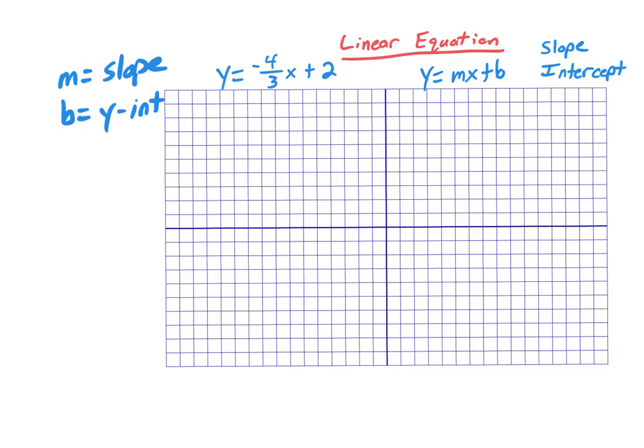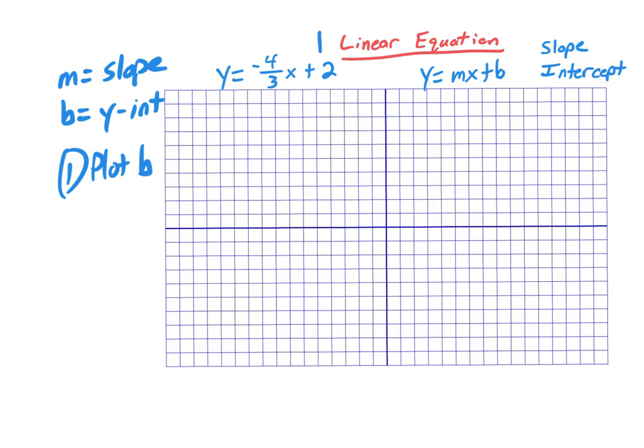And we want to graph it in a specific order, okay? So when we start here, we're going to plot the y-intercept first. That's got to be my first step. We can't start with slope because we don't know where we're starting at, okay? We have to have a starting point. My starting point is going to be the y-intercept.